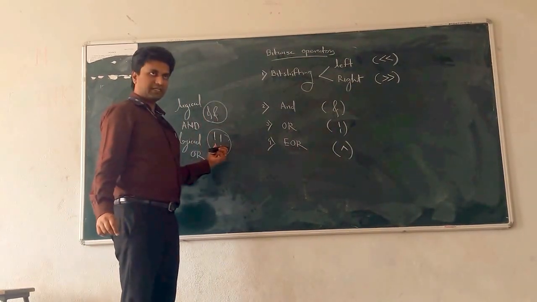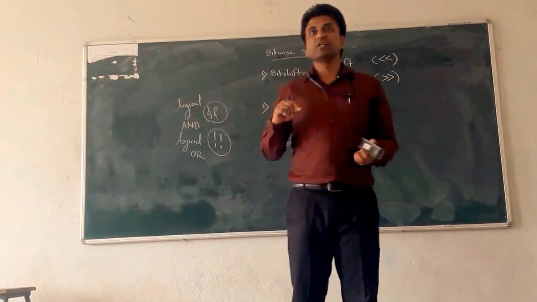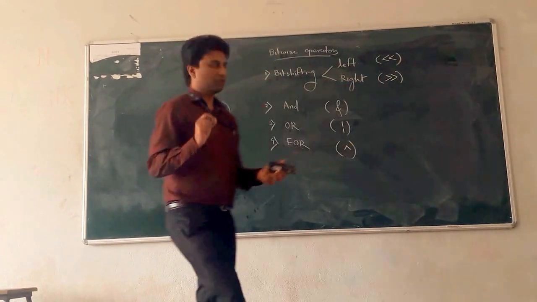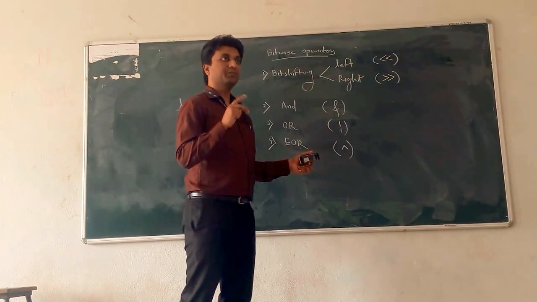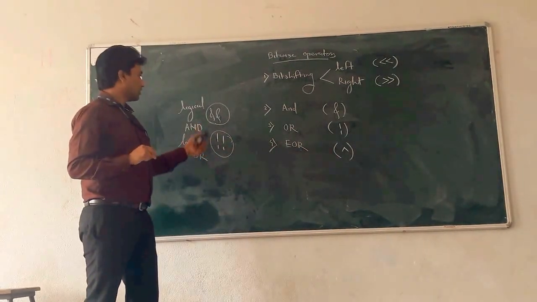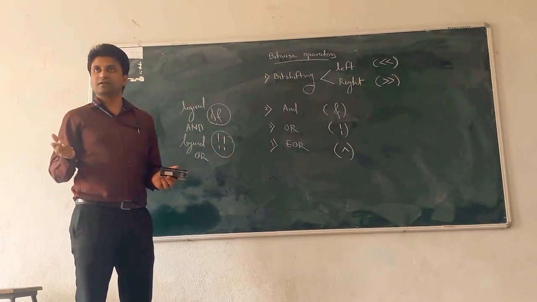If there is a single pipeline, it is called the bitwise OR operator. The bitwise operator performs the operation on two operands bit by bit. And the double AND and double OR are logical operators.